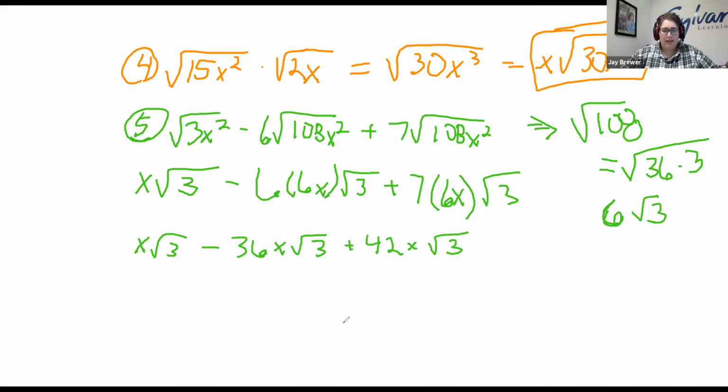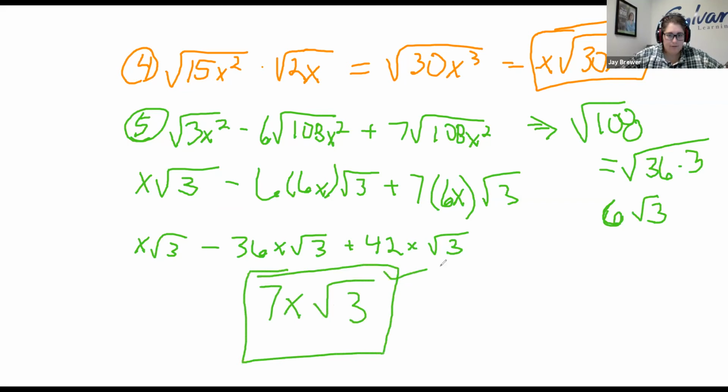Did we have the same root? Is it the same little number on the outside? Okay, they're all 2's. Is it the same radicand, meaning the number on the inside? Yes. So we can combine everything. 43 minus 36 will give us 7x square root of 3. There you go. Both of those are correct.